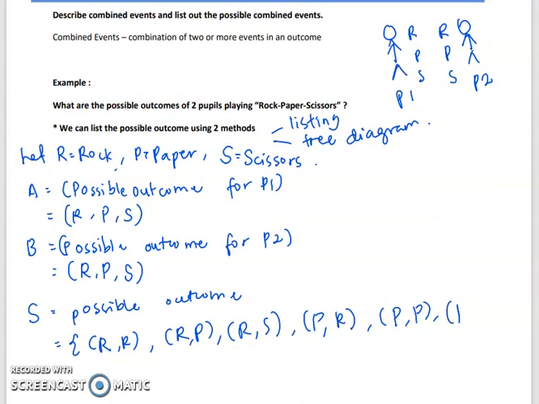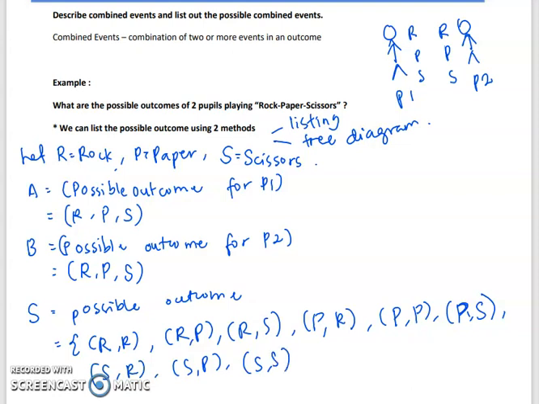Pupil 1 could show scissors, pupil 2 could show rock. Pupil 1 could show scissors, pupil 2 could show paper. Pupil 1 shows scissors, pupil 2 shows scissors.